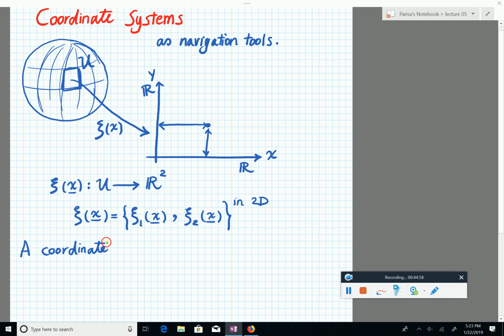So a coordinate system is a process or a procedure which gives you coordinates.